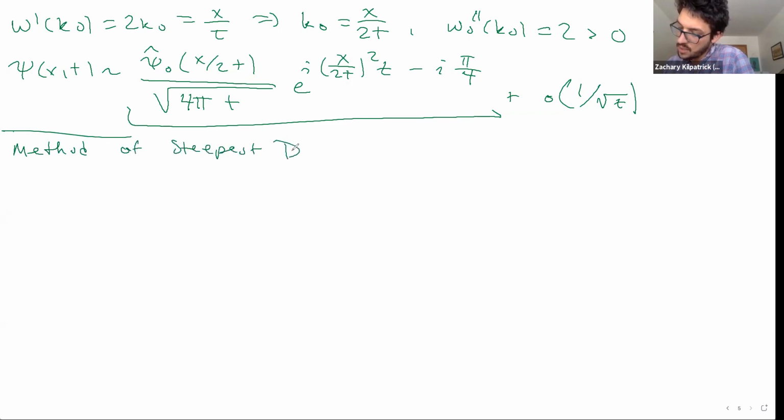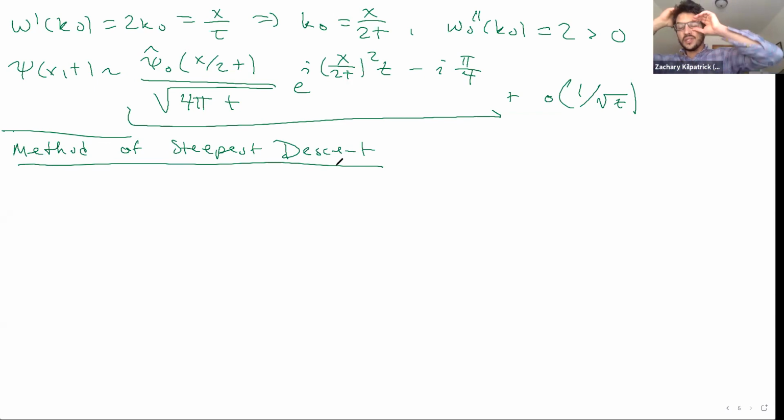I want to try and build up some intuition for it. Sometimes it's called the saddle point method if you only use the leading order. That should conjure up some visions of the fact that you have some function and you're somehow looking for the saddle point rather than necessarily a maximum of it.